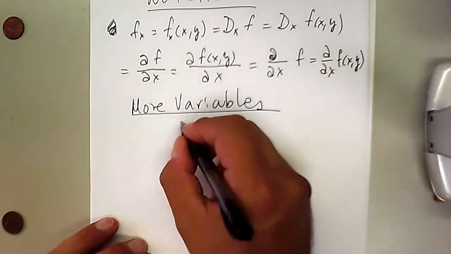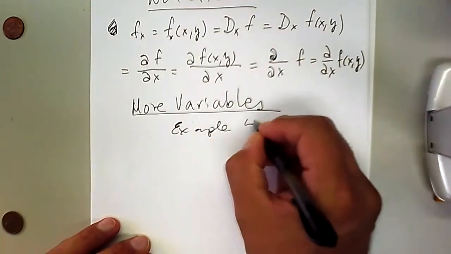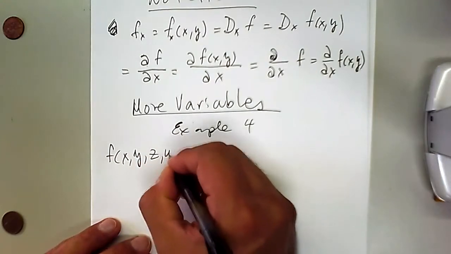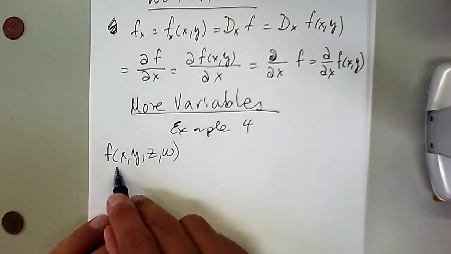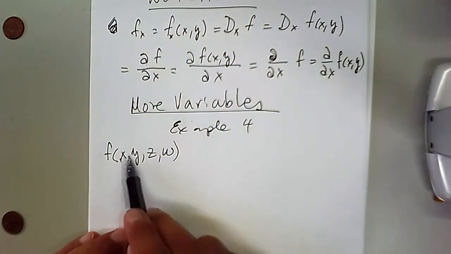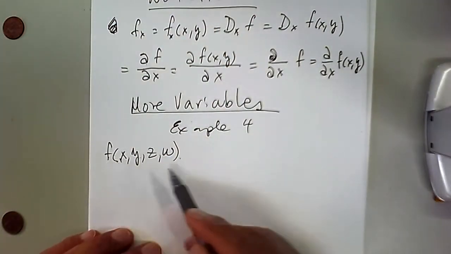As an example 4, let's say you have a function of x, y, z, w. This lives in 5 dimensions, because there are 4 inputs and 1 output.